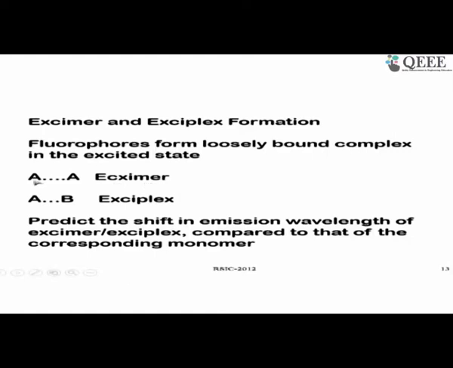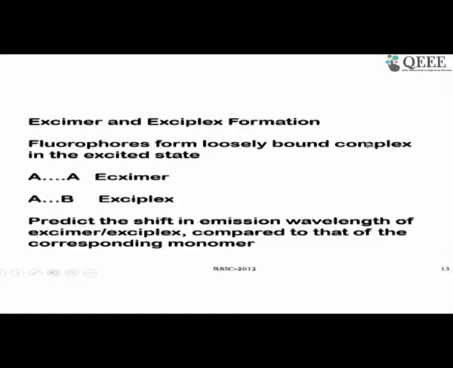A fluorophore A can form a complex with fluorophore A itself, which is called an excimer, meaning excited state dimer. A fluorophore A can also form a complex with B, which may or may not be a fluorophore. That AB complex is called an exciplex, or excited state complex.